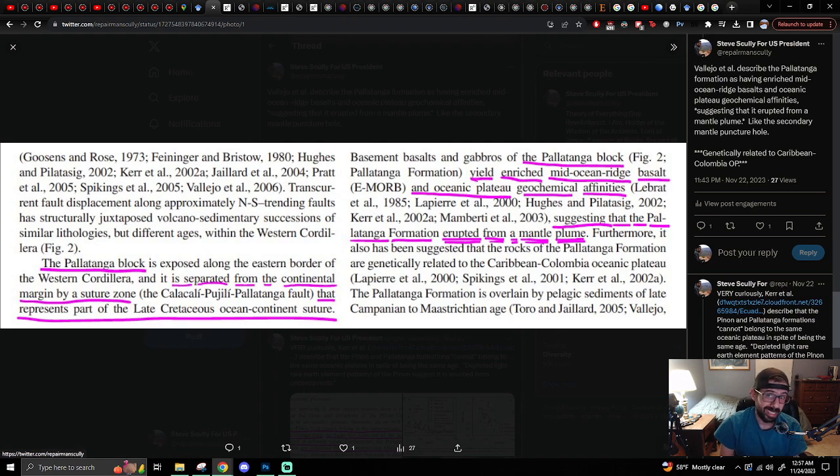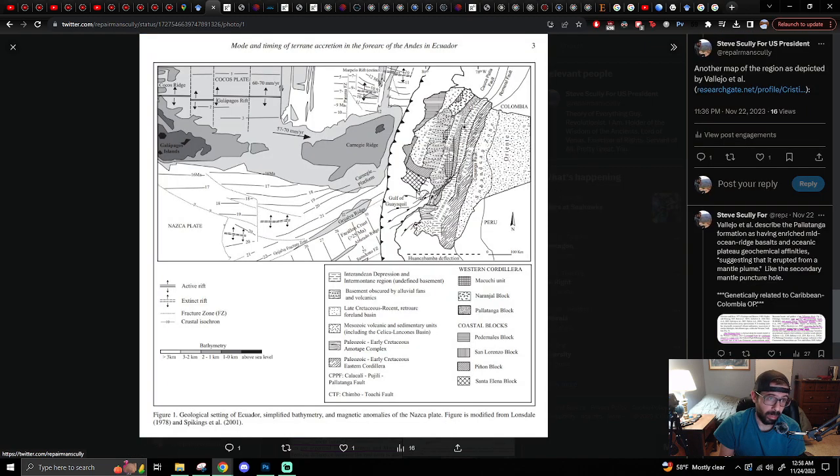Describe the Pallatanga Formation as having enriched. So this is another oceanic plateau in the region, which if we go back here, Pallatanga. Not sure if it's on this image. There it is.